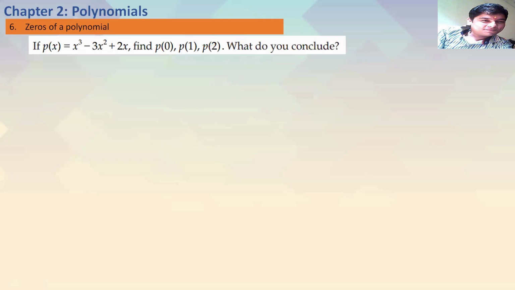I can't hear you. Am I audible, Ankita? Yes, sir. Now you're audible. All right, so find out P0, P1, and P2 in this one, please. P of 0 is 0.